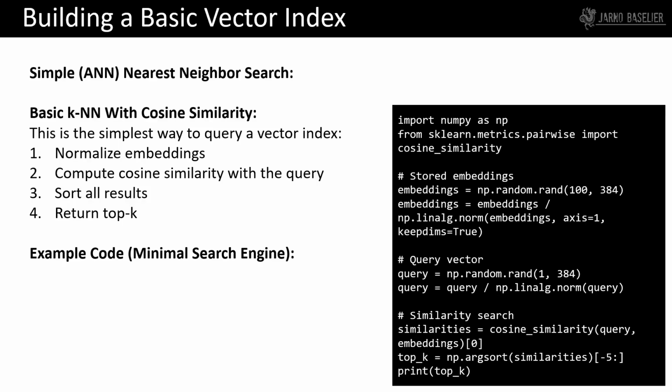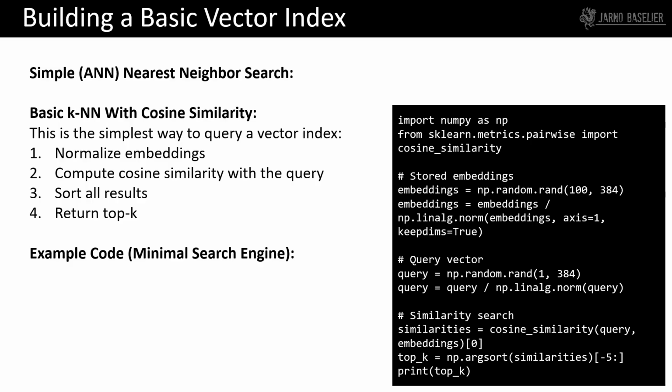So let's start with building a basic vector index based on the simple nearest neighbor search. The most simple way to query a vector index is by using basic KNN with cosine similarity, which will normalize the embeddings, compute cosine similarity with the query, then sort all the results, and finally return the top K results to the user.